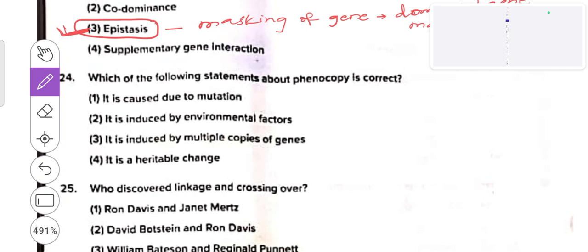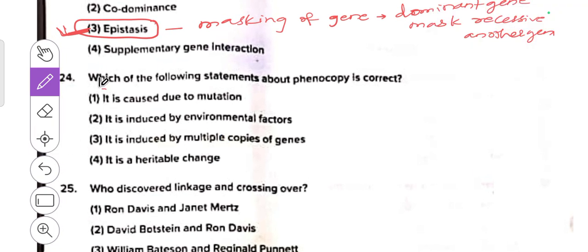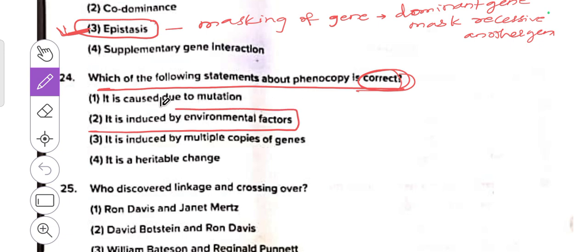Then 24th: which of the following statements about phenocopy is correct? Phenocopy is induced by environmental factors.